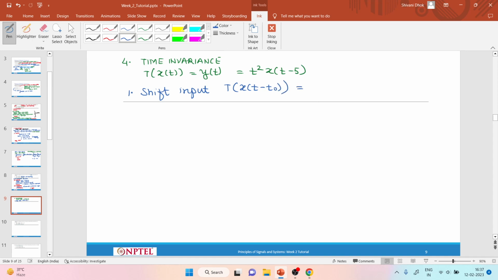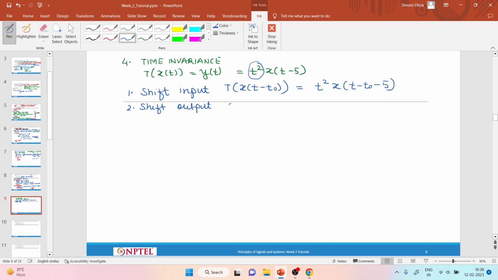We are just shifting the input, we won't be touching this t square factor, and therefore this will be equal to t square x of t minus t naught, which is shifted input, and the system again causes a shift of minus 5, and this is the output when I'm just shifting the input.